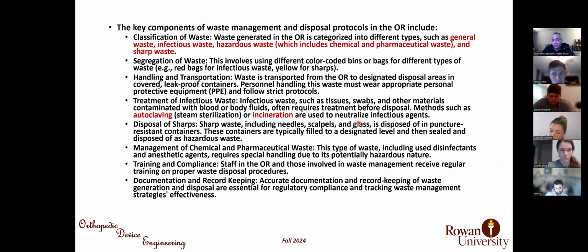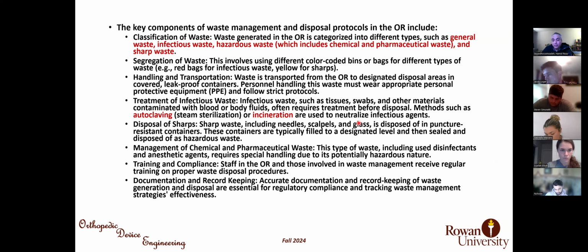Those sharp objects are contaminated with blood or other body fluids, and if they cut the finger or skin of other people, the workers in those factories can be contaminated with viruses and bacteria. So we don't handle those sharp objects from the operating room.